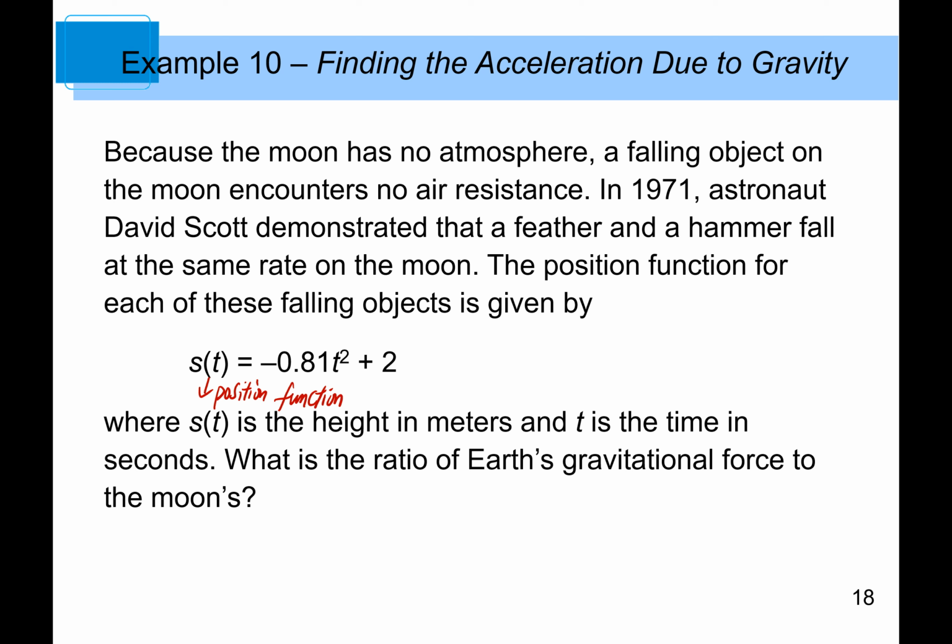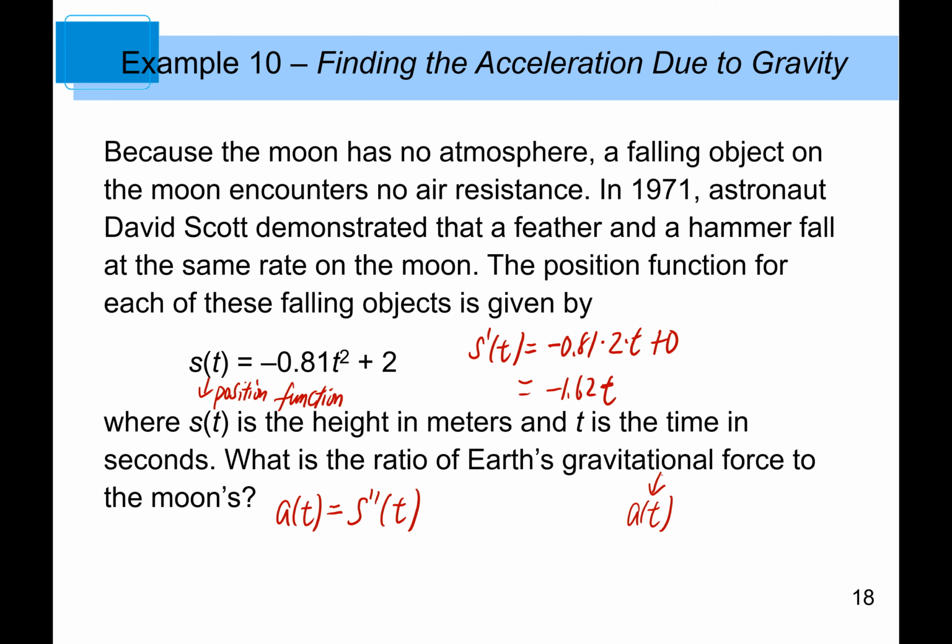So gravitational force is a of t, the acceleration function. So we need to find this acceleration function. The acceleration function is the second derivative of the position function. First of all, s of t equals that, and s prime of t, using the power rule, is negative 0.81 times 2 times t plus 0. So we end up with negative 1.62 t.